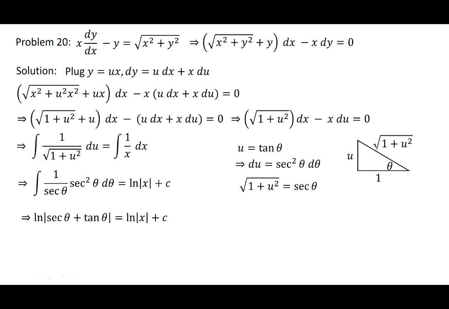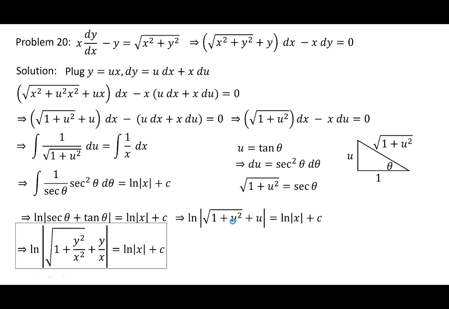That's it. So that's the beauty of this triangle. It will allow us to figure out all the trig functions. So we got square root of 1 plus u square for secant theta. And then plug back u equals y over x, and you're done. Cool? It's a very nice problem.